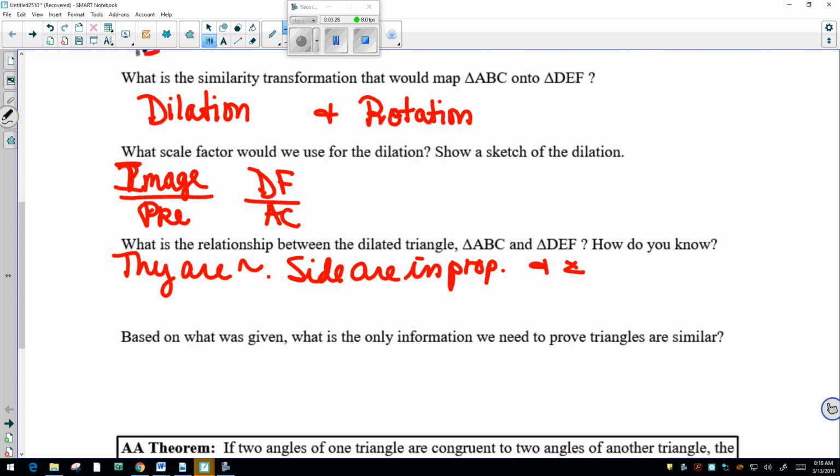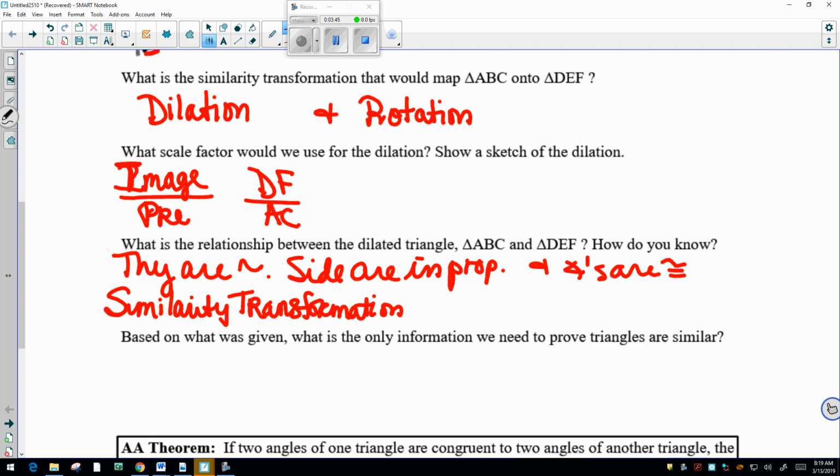And I also know the angles are congruent because, again, a dilation will keep our angles congruent. It does not change that. So I could say here, a dilation is a similarity transformation. This is what we did in our last unit. So I know that they have to be similar.